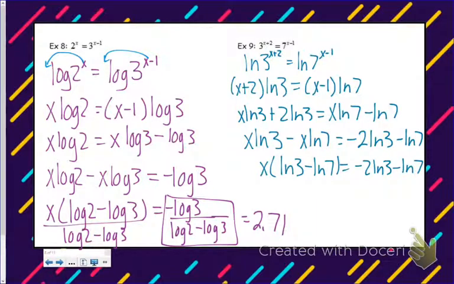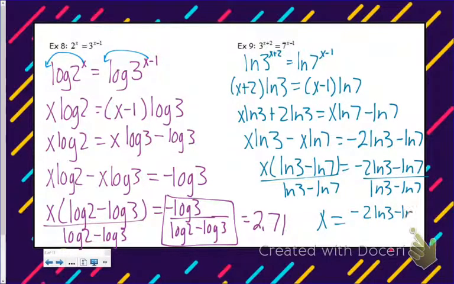Okay, and then I can divide by what's with x. Whoops, not divide by x, sorry. And divide all of that. And I am left with negative 2 natural log of 3 minus the natural log of 7 over the natural log of 3 minus the natural log of 7.